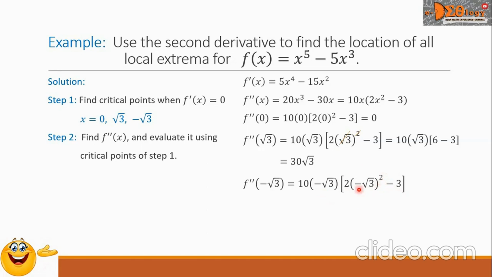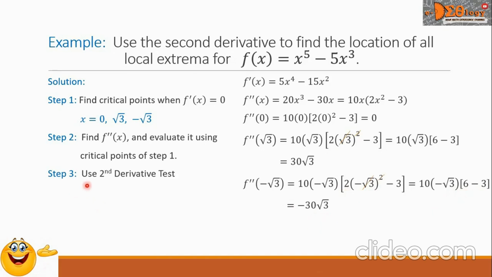But take note, the negative sign becomes positive. So when we cancel it out, the number 3 comes out as positive 3 to be multiplied by the number 2. So we have 6 minus 3. The difference is 3, and that 3 is multiplied by 10. And everything is now simplified into negative 30 square root of 3.